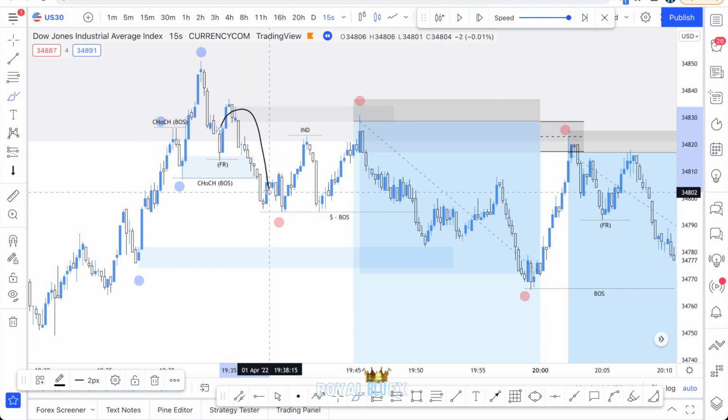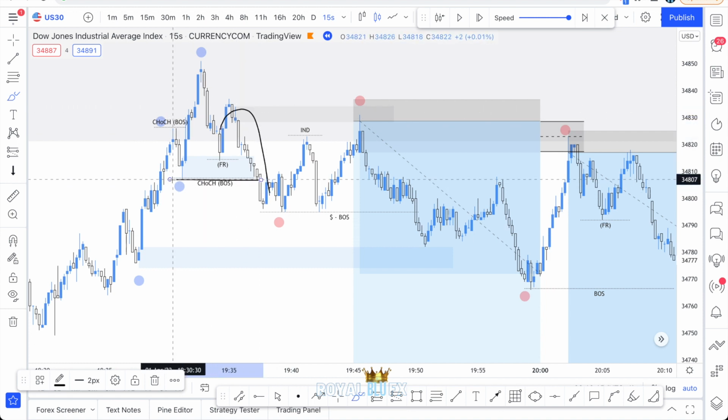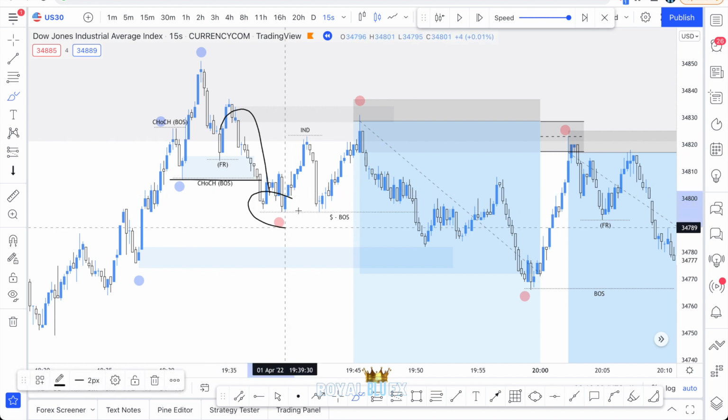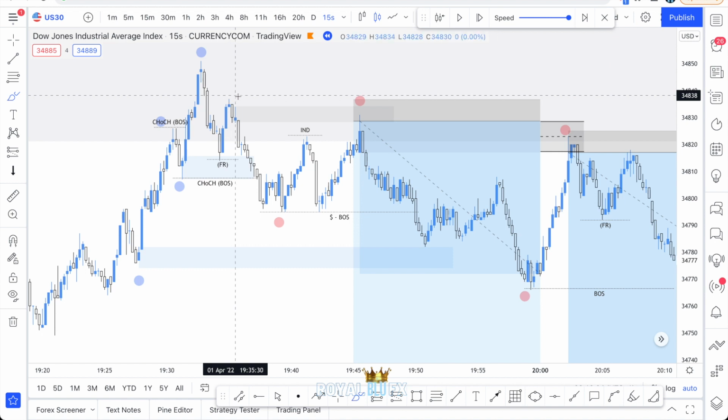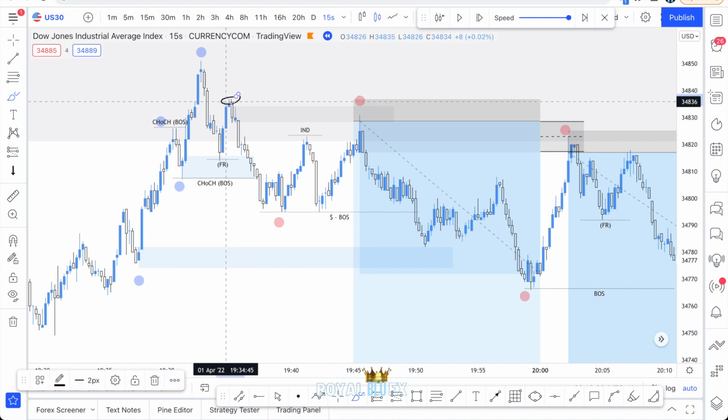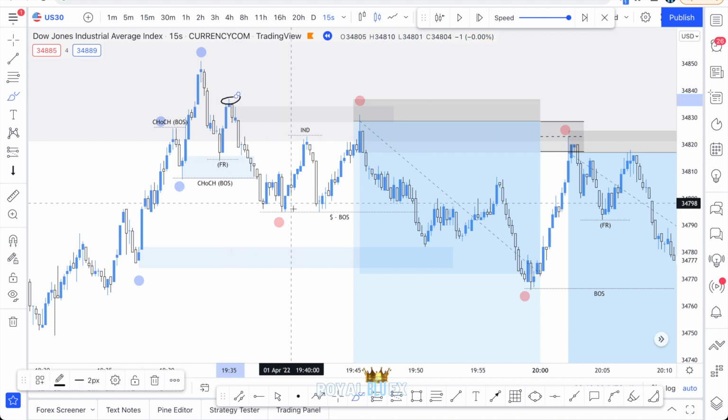Instead, price reversed, taking a dump and then a break right below our last higher low, making a break of structure with a full body close below this low, before our previous low. So now this is the new low of this market. This is the new lower low, and this would be deemed the new lower high. Lower high, lower low.